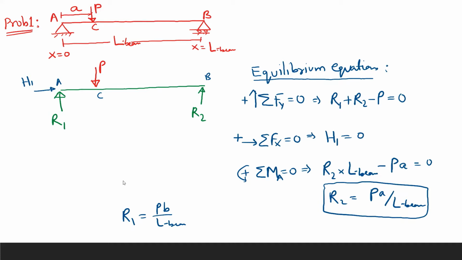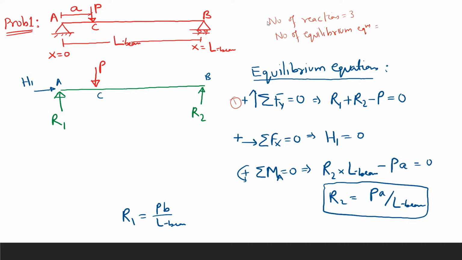So we write it down here that the number of reactions is equal to 3, and the number of equilibrium equations is also 3.